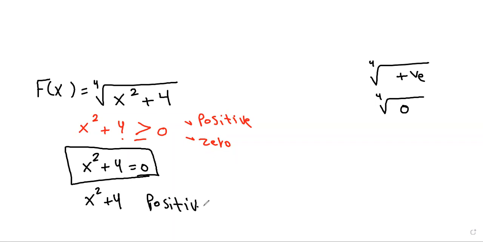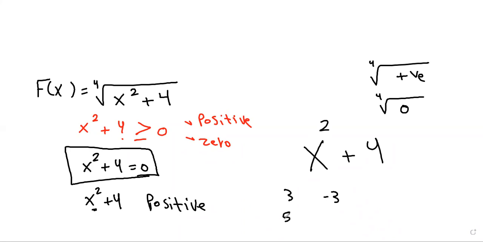If you want to check it, take any value of x. If x equals 3, 3 to the power of 2 is 9. If you take negative 3, negative 3 to the power of 2 is 9.